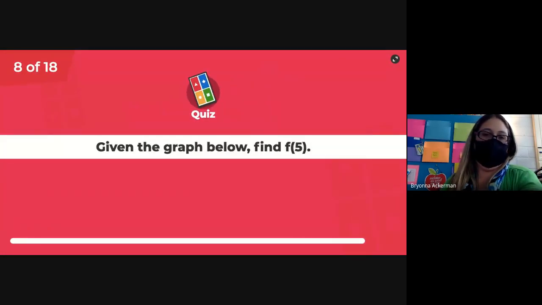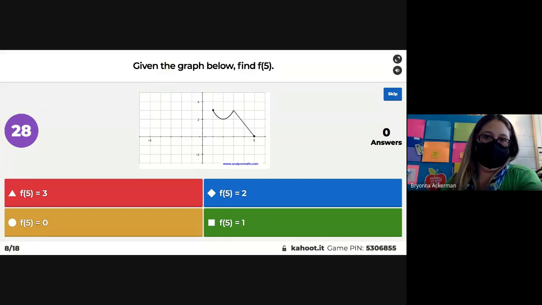Okay, find f of 5. When the input's 5, what's the output?